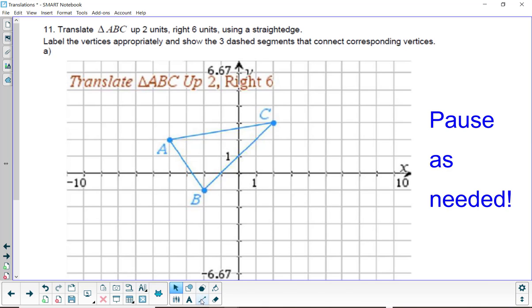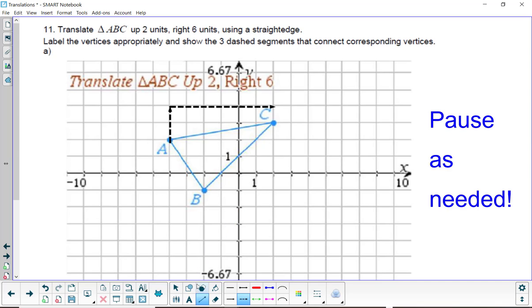So what I'm going to do is I'm going to go ahead and use these dash segments here. So I want to go up to, so I'm going to start at A and go up 2, and then to the right 1, 2, 3, 4, 5, 6, and that's going to be where A prime is going to be.